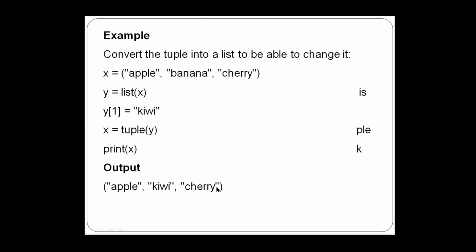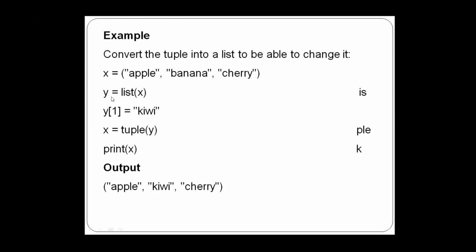So now, as you know, tuples are immutable. When I say tuples are immutable, you cannot change the element of a tuple. If you have to change an element of your tuple, you will have to convert it into a list, change the element, and convert the list back to a tuple. So here I say x is equal to apple, banana, and cherry. This is a tuple.